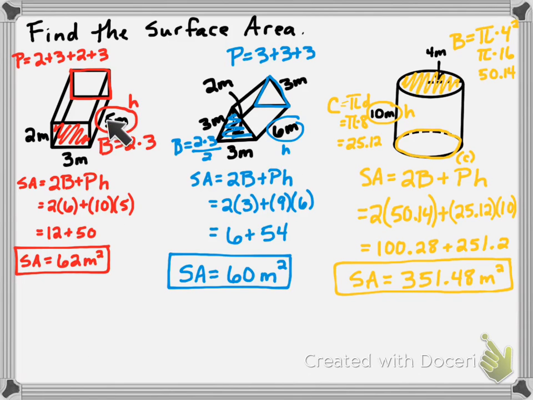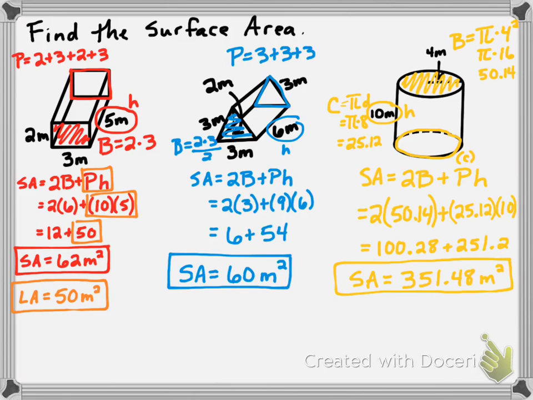Alright, so looking at this prism, we can see that since this is the lateral area, our lateral area is here, so that's the 50, so the lateral area of this prism is 50 meters squared. So see, we actually already had it calculated. If you calculate the surface area, you already calculated the lateral area as well.